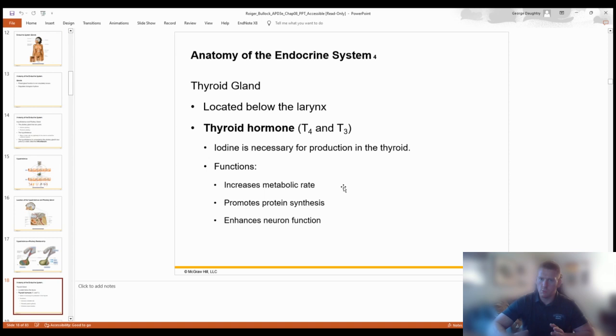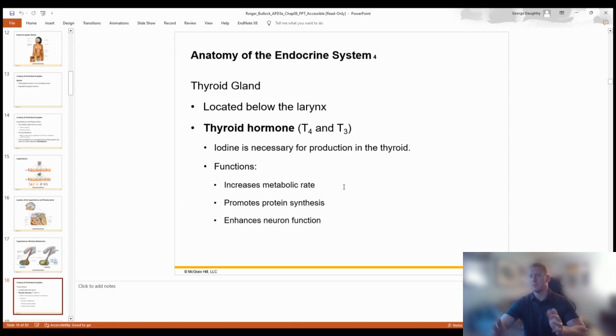So critically important hormones, right? The pituitary gland releases thyroid stimulating hormone. It'll communicate downward, and then it'll stimulate the thyroid gland to release one of two thyroid hormones, and that's T3 and that's T4. And the T4 is that thyroxine, right?